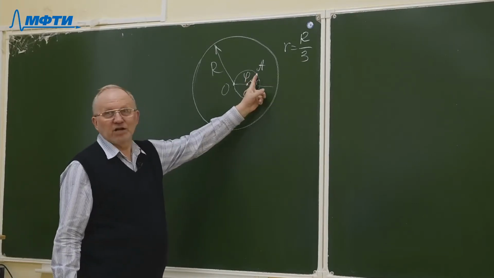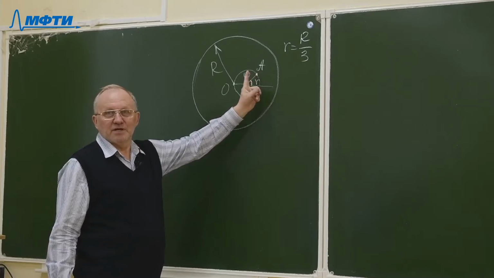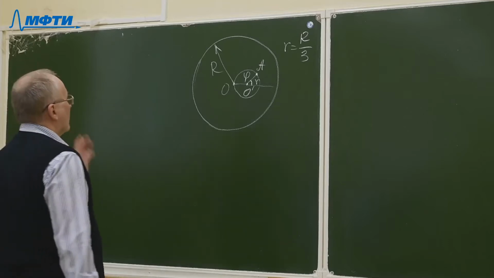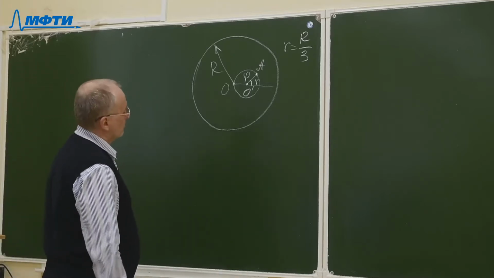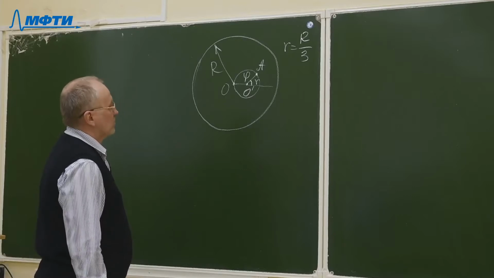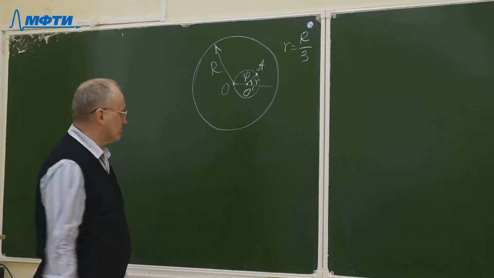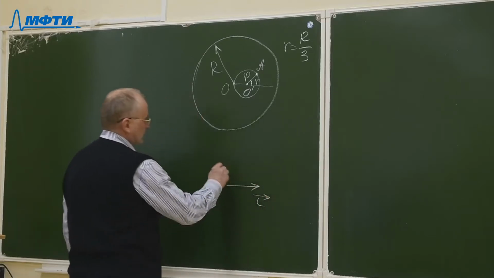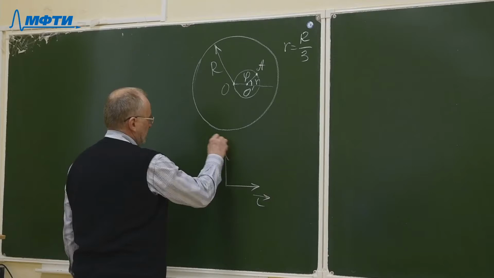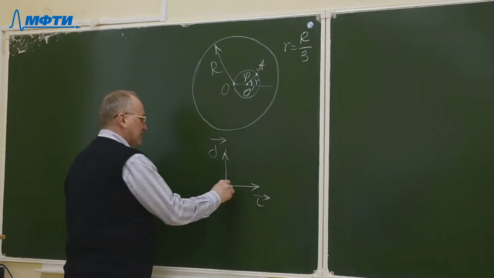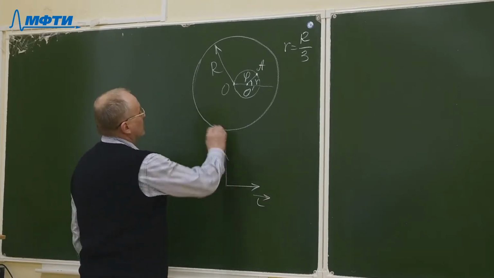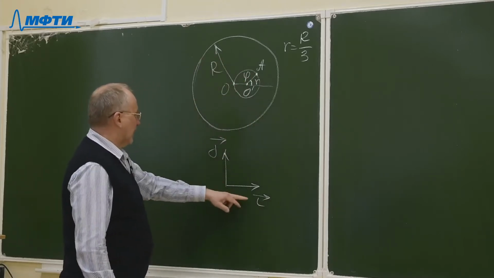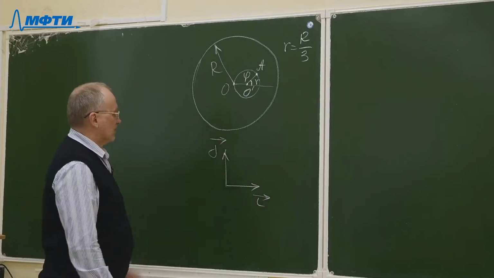Unfortunately, no student was able to draw correctly this trajectory. How can we solve this problem? First of all, we choose a coordinate system, consisting of unit vectors I, J, and K, but we don't need this z-axis because everything in this problem occurs in a plane which will be the IJ plane or XY plane.